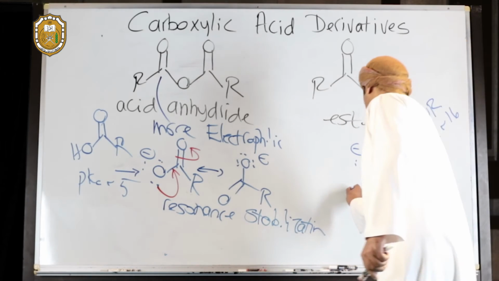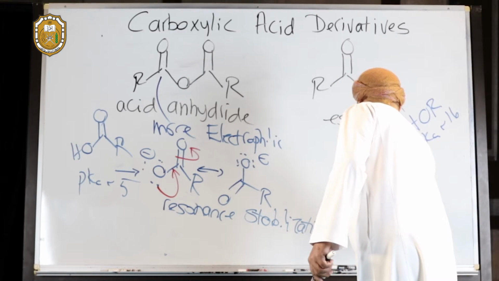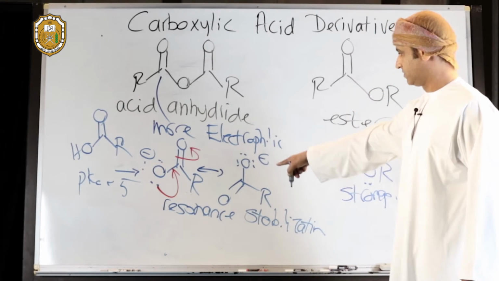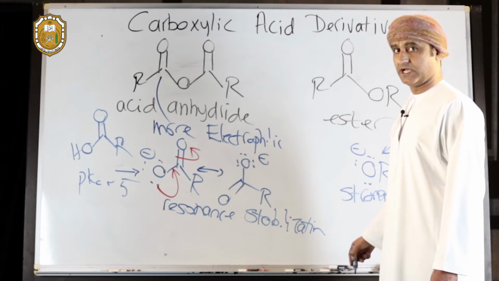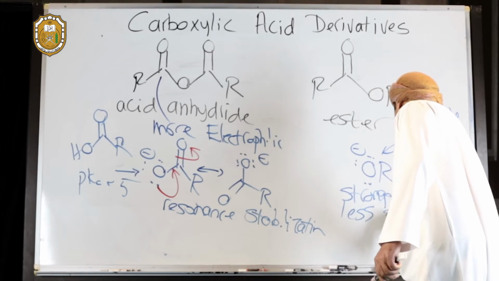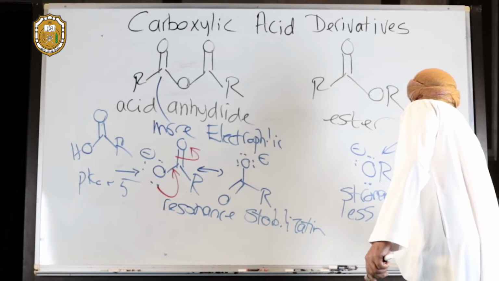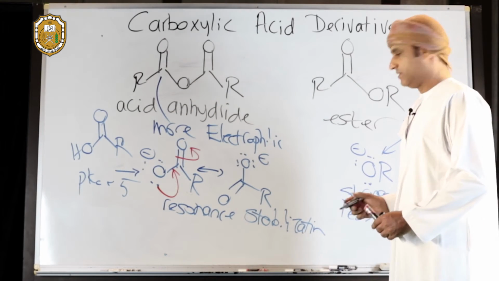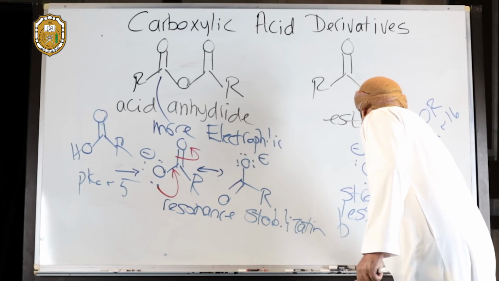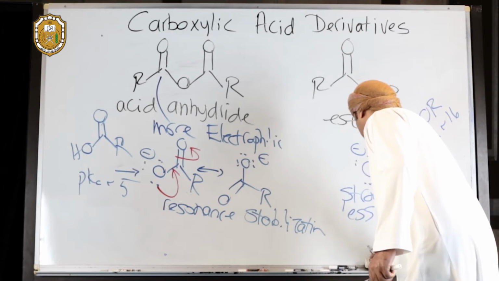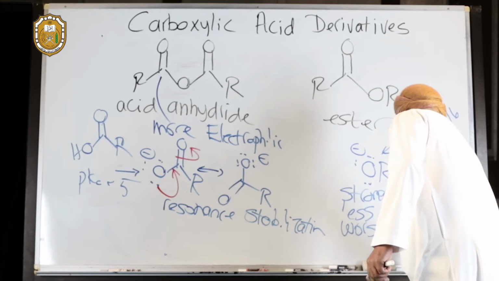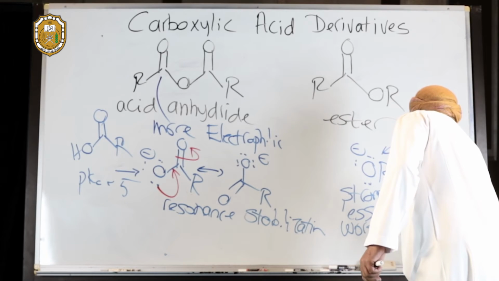So this is a stronger base relative to the carboxylate. That's because the carboxylate is stabilized by resonance. A stronger base is a less stable ion, therefore it is a worse leaving group.